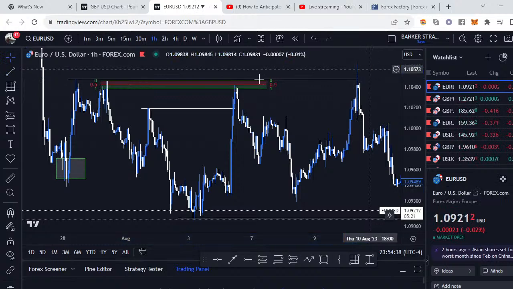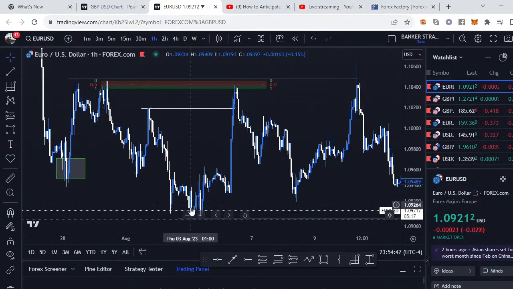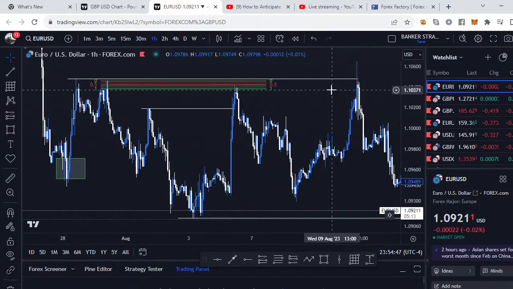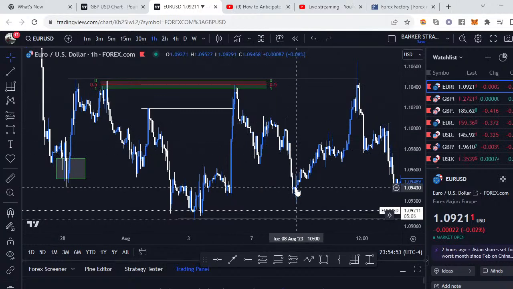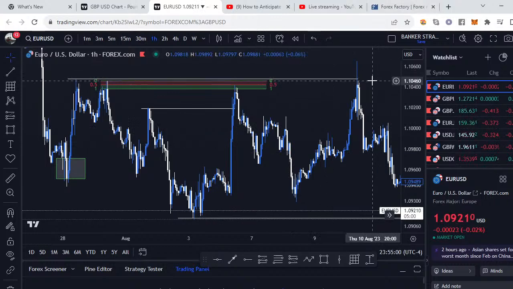The market is out here seeking money. Notice how every single time I put a line across something, price has gone above it and then sold, and then either sold off or went higher, right?